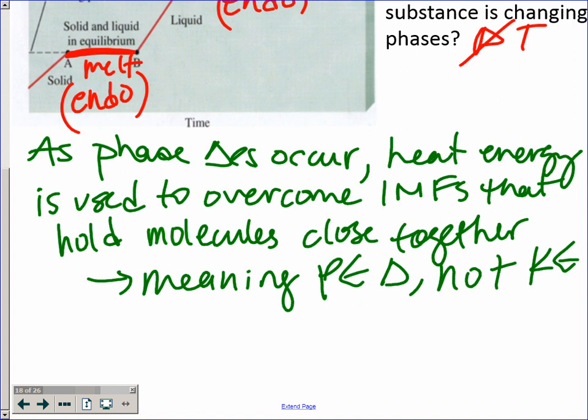And that's kind of the background, reading between the lines as you look at a heat curve, what you should also be able to interpret. So if we're talking about water, what IMF comes into play?